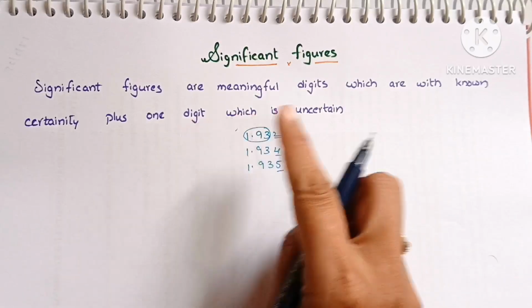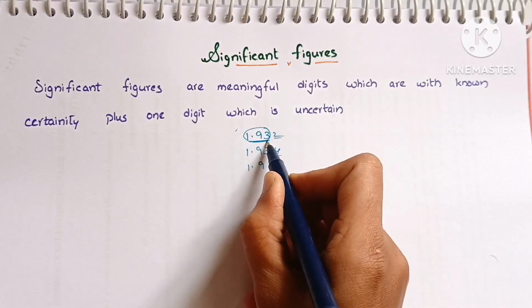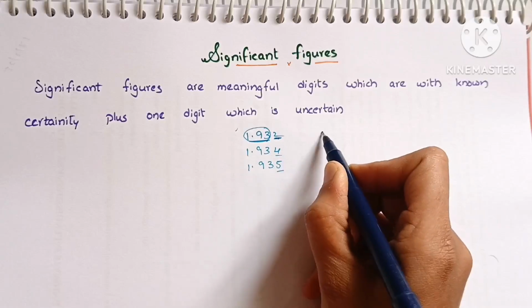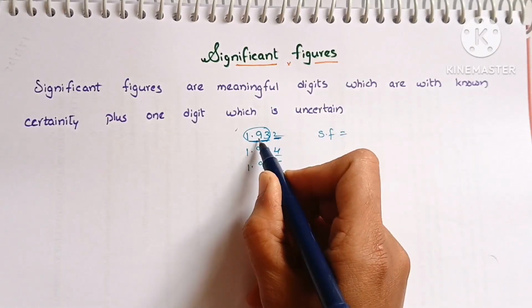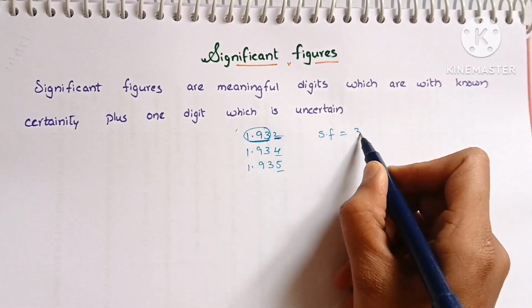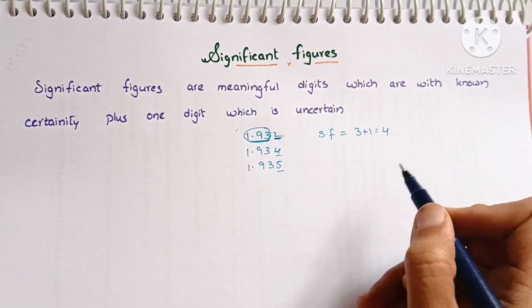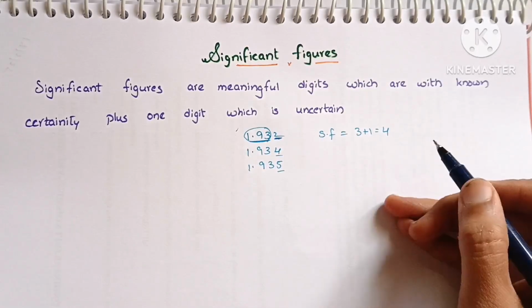Significant figures are meaningful digits which are known with certainty plus one digit which is uncertain. So the total number of significant figures in this measured value is 1, 2, 3 plus 1, total 4 significant figures.